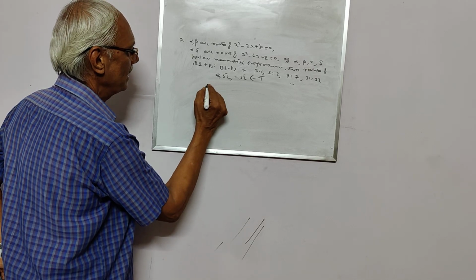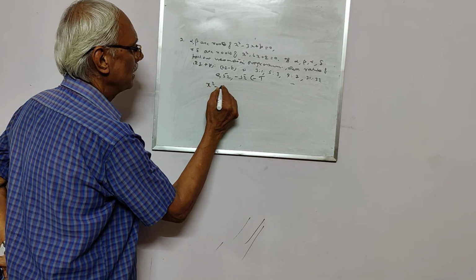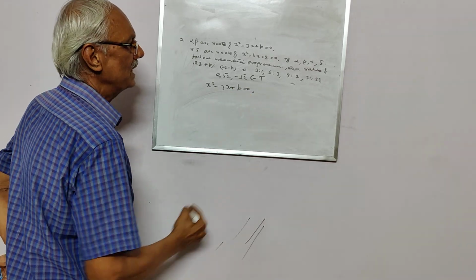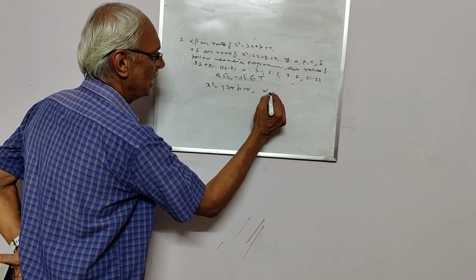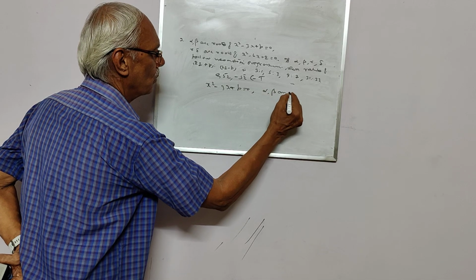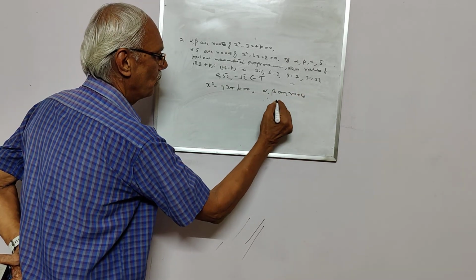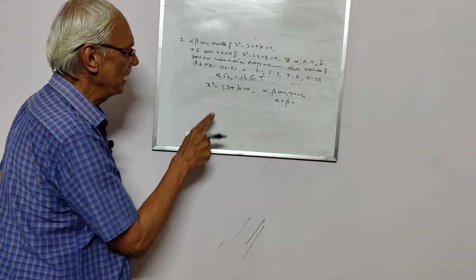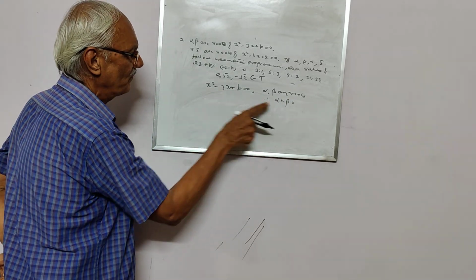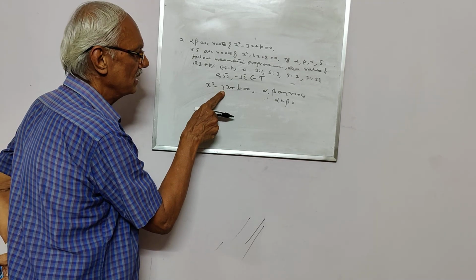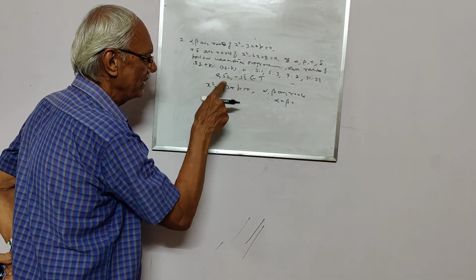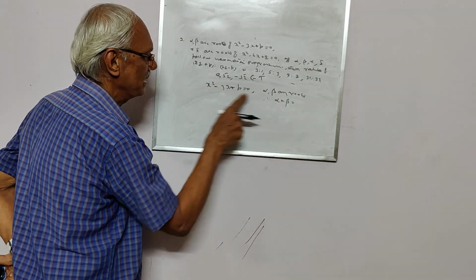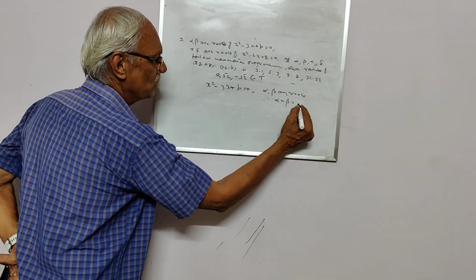Here you have x squared minus 3x plus p equal to 0, where alpha and beta are roots. Therefore alpha plus beta is 3.